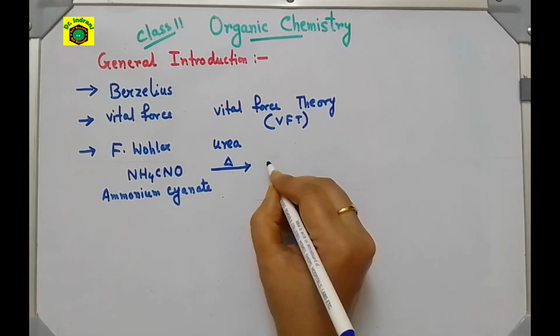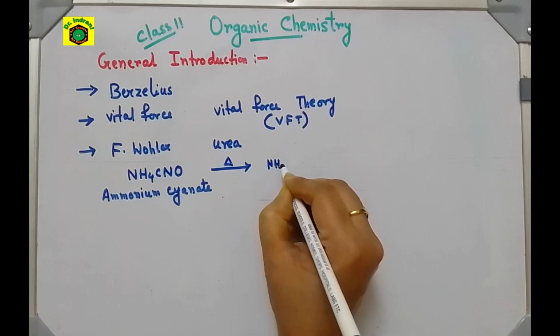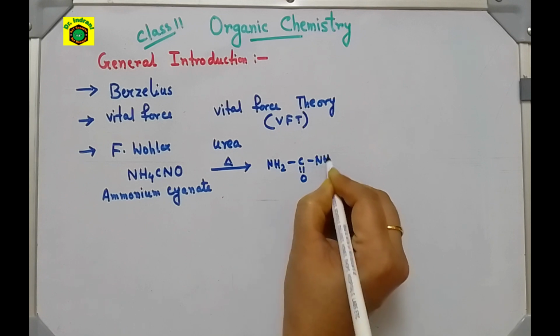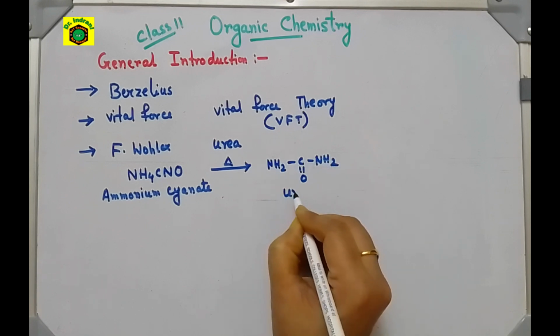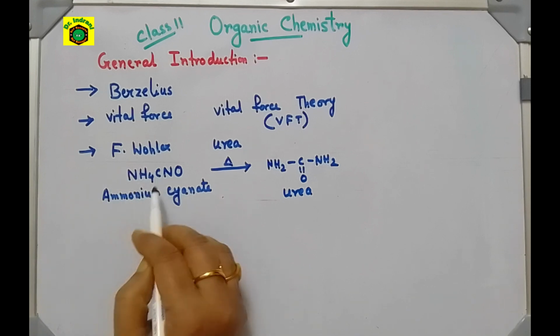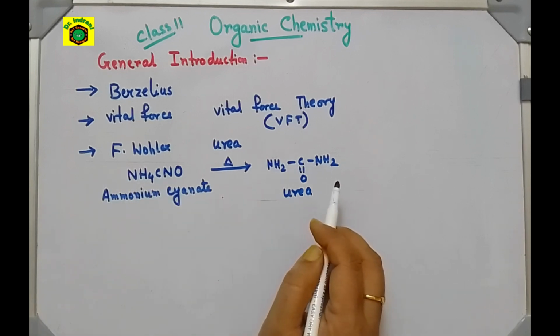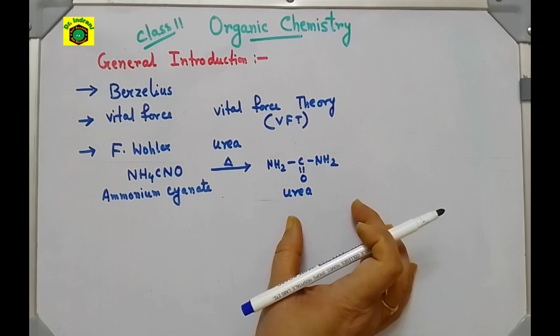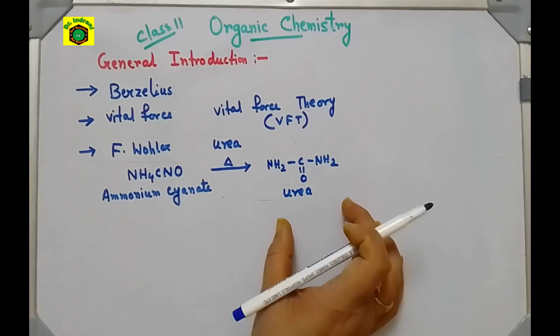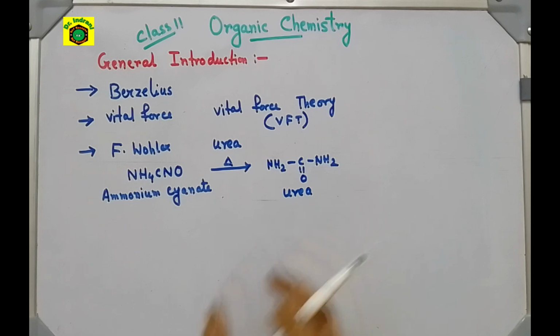Heating symbol. This is urea. Some rearrangement of atoms gives the product here. So, urea was the first organic compound which was prepared in the laboratory.